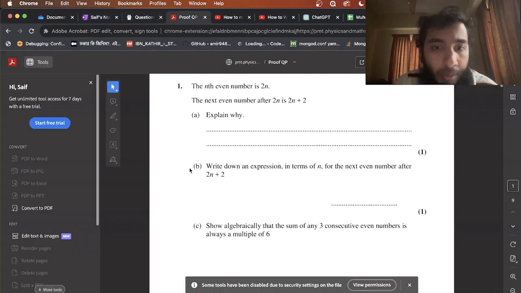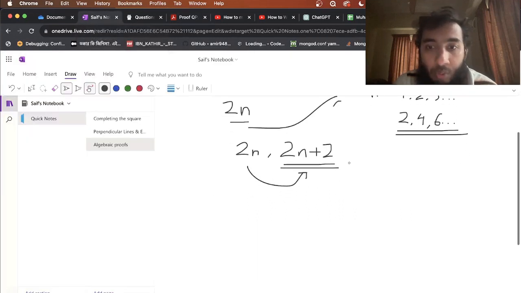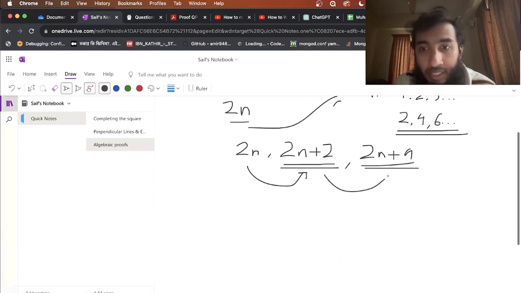So if you look at problem B, it says write down an expression in terms of n for the next even number after twice n plus 2. So what will be after twice n plus 2? It will be twice n plus 4, because each subsequent even number will increase by 2.